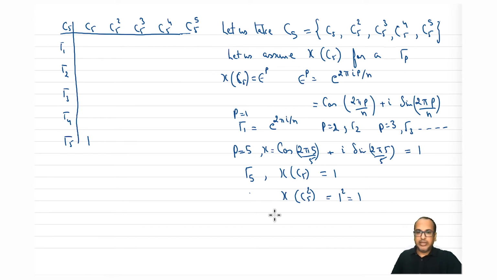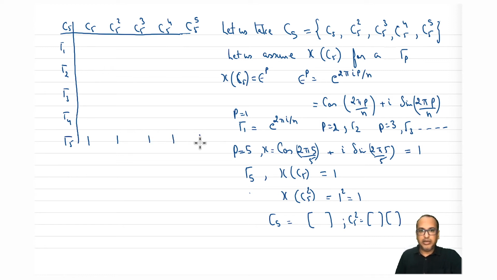Because if C5 is represented by a certain matrix, now in this case it is a 1 cross 1 matrix, so C5 square will be nothing but the square of the matrix, right? Matrix multiplication we have seen. So if the matrix is 1 cross 1, it will be simply the trace of the matrix which can be multiplied. So that means 1 square can be used. So this means that I can write all the elements like this, right? Does that make sense? Okay.